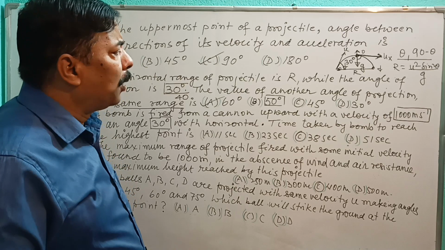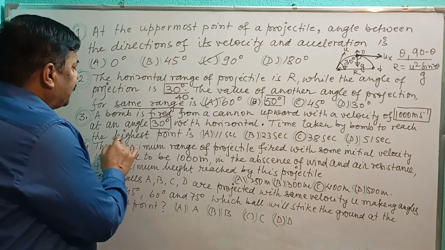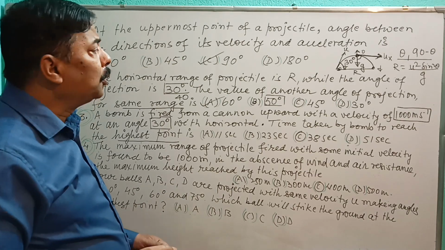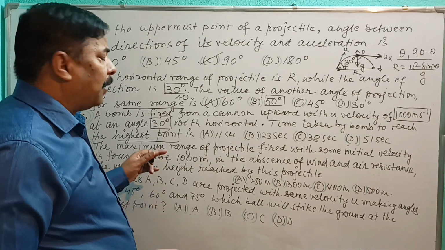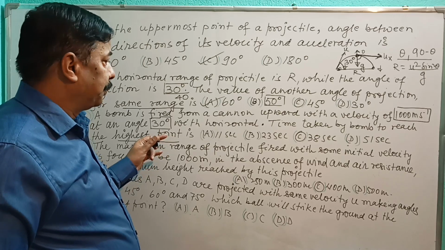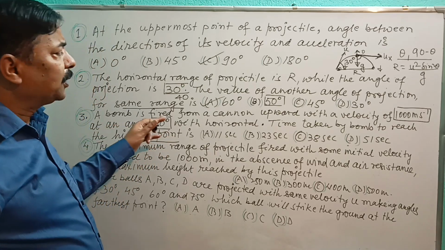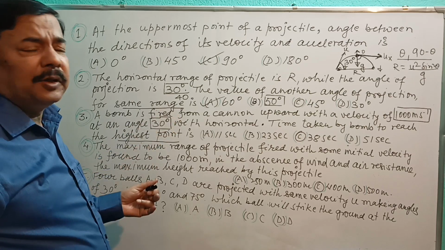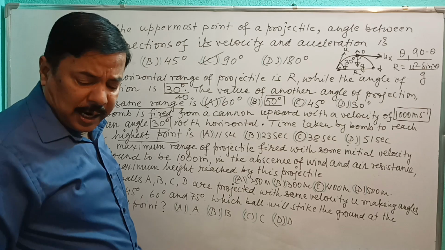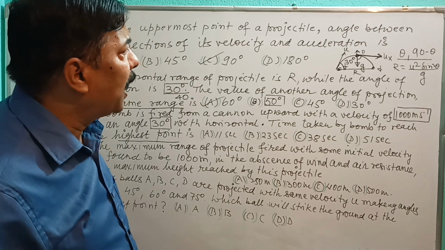Time taken by the bomb to reach the highest point. Now at the highest point we have to find the time, that is, what is the time taken by the bomb to reach the highest point. Now in this, the bomb is fired, so naturally it is a projectile motion. It is free in air and it will take a projectile path.